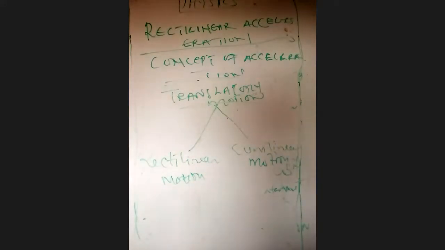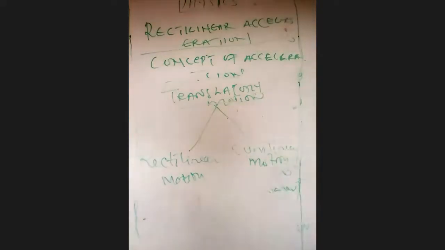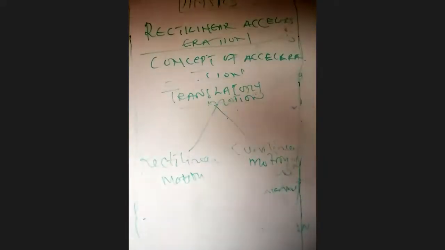Rectilinear motion is the type of motion in which the particles of the body move through the same distance at the same time on a straight line.